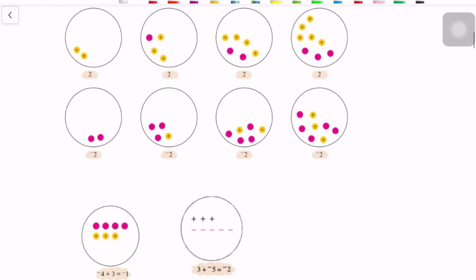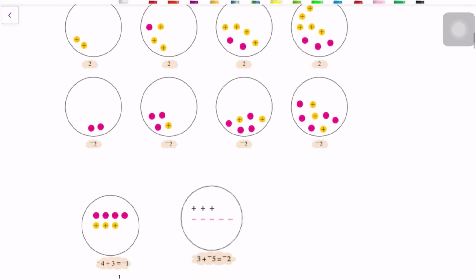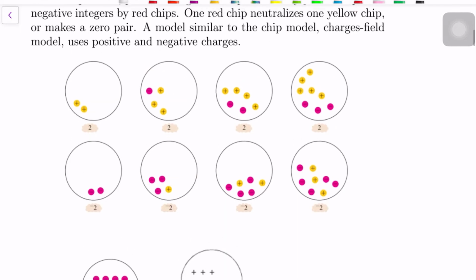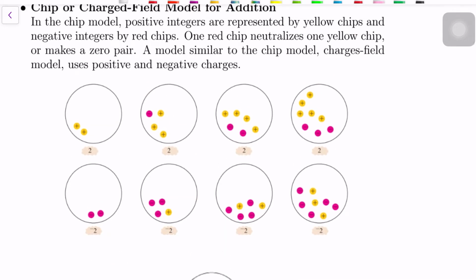So when we use just plus and minus, that would be the charged field model, which is similar to the chip model, except in the chip model you use chips. Okay, so for example, when you look at number 2, it's a positive 2, so you could represent it with 2 yellow chips.